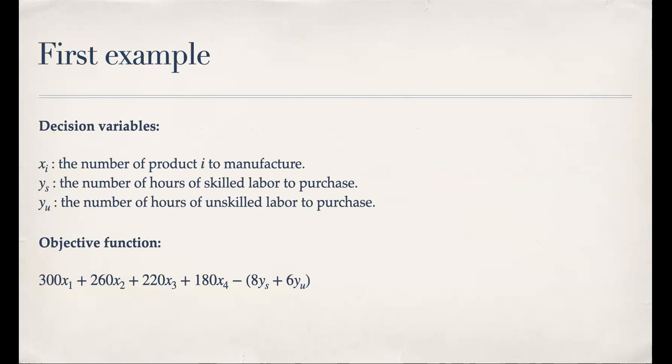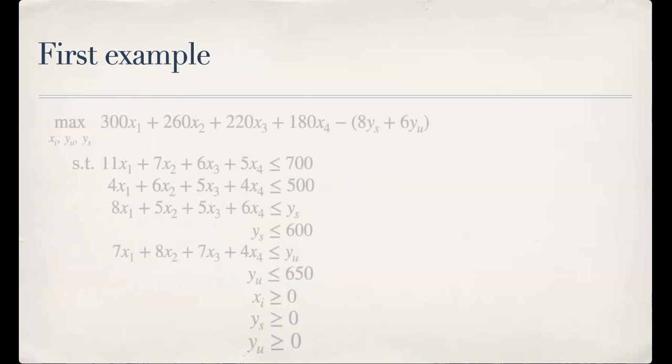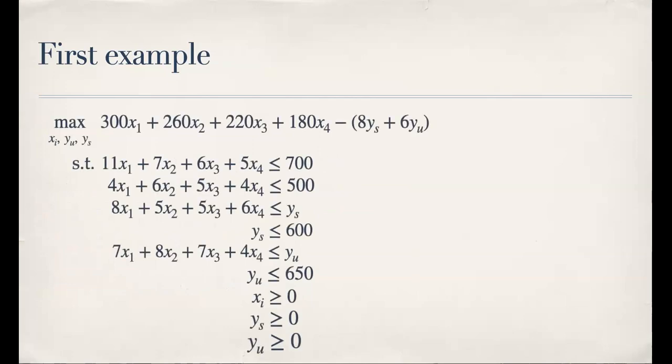Those are the number of product, right? And ys, yu is the number of hours of skilled labor to purchase and unskilled labor to purchase.